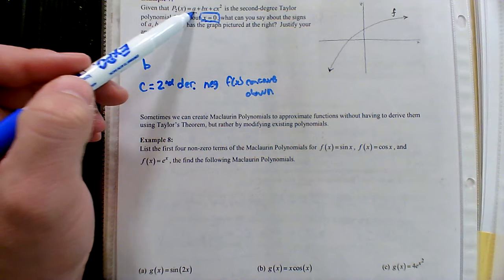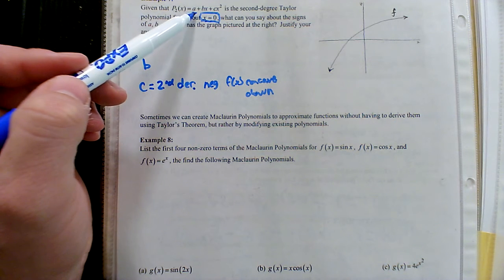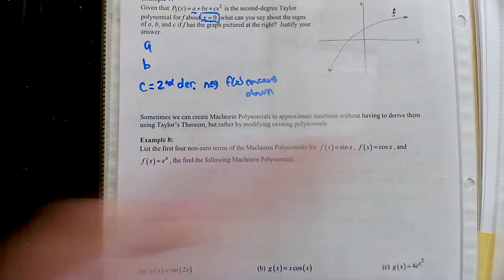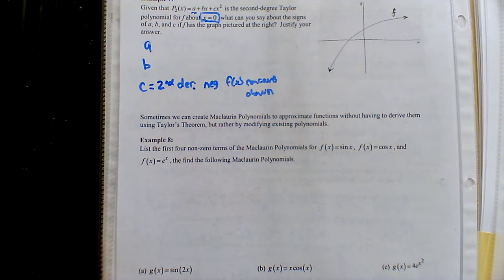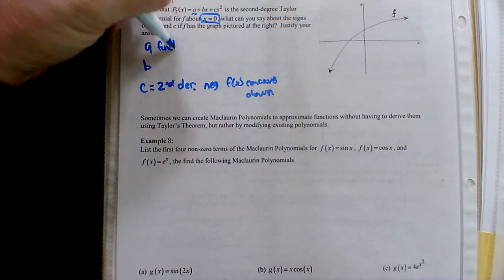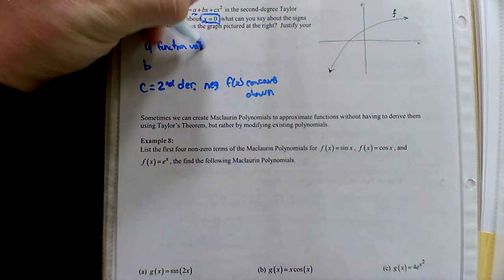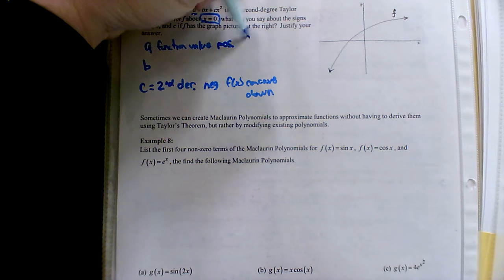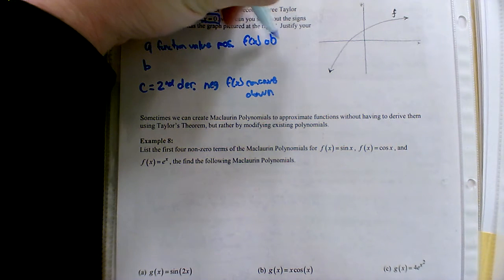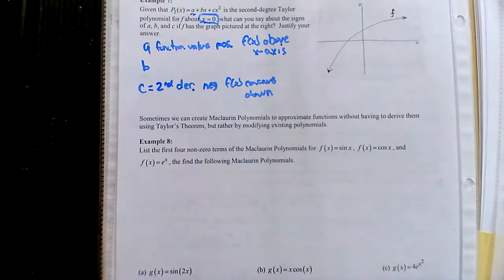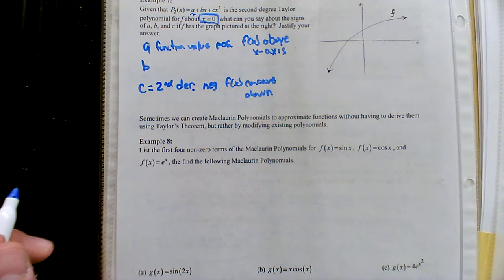So it's kind of out of order, but A is actually your y-intercept. So it's just asking where your y-intercept is. Well, it's above the x-axis, so it's positive. This is just your function value, f of x above the x-axis.